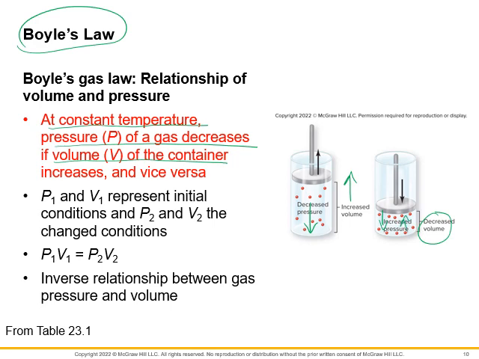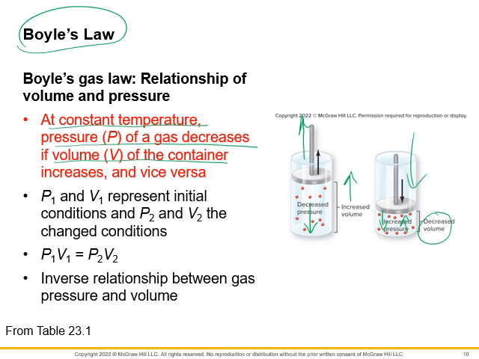So these red little spheres, they're trying to show you gas molecules in a container. If you raise the plunger here, you're giving those gas molecules more room to move around. You've increased the volume, and therefore those molecules are not bouncing around and hitting each other as much, and so you have decreased pressure.